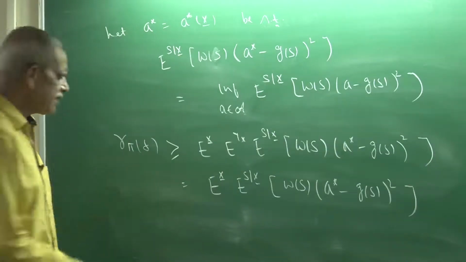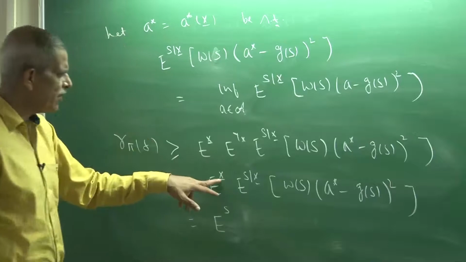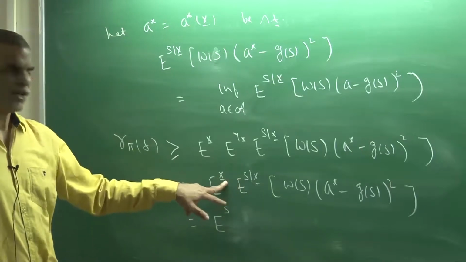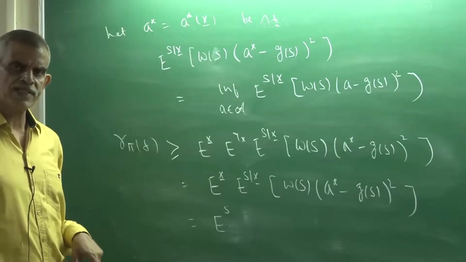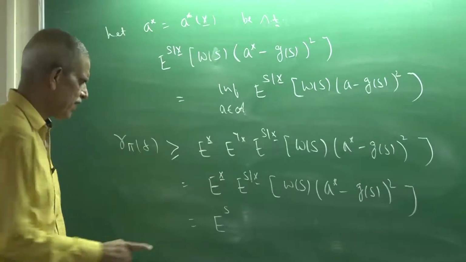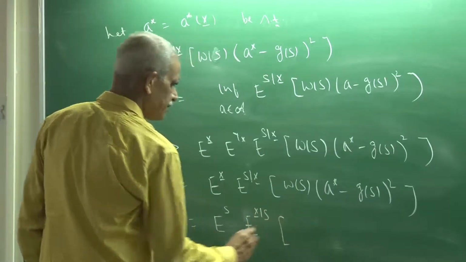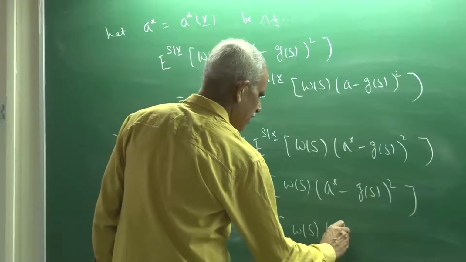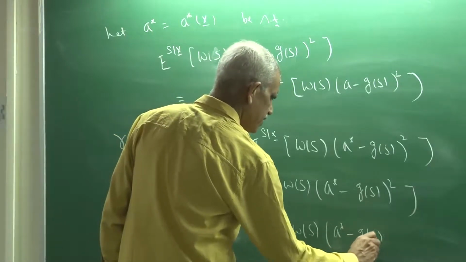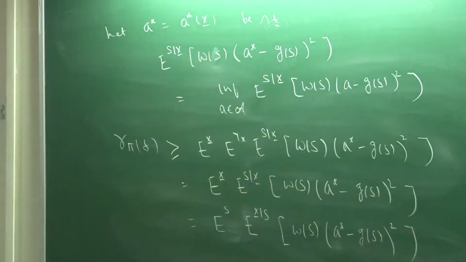But what is this? This can be written as E of, this is again with respect to the joint distribution of S and X. The joint distribution of S and X can be written as the conditional distribution of X given S and the marginal of S. So, marginal of S, conditional distribution of X given S, W of S into A star minus G of S. So, what you need to show?